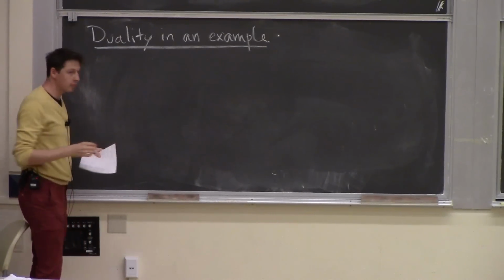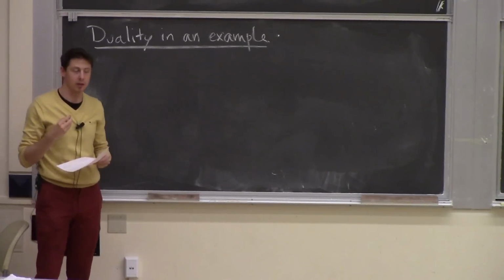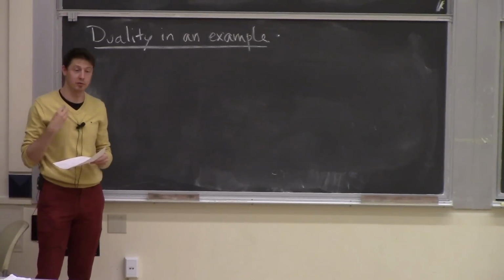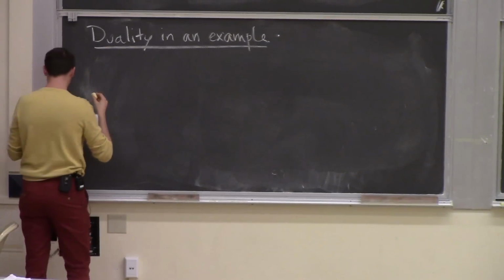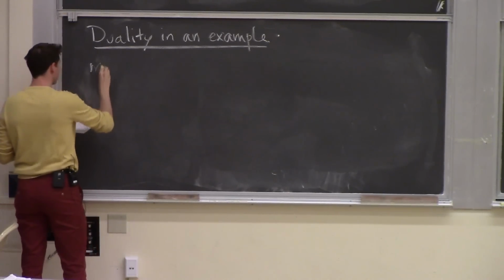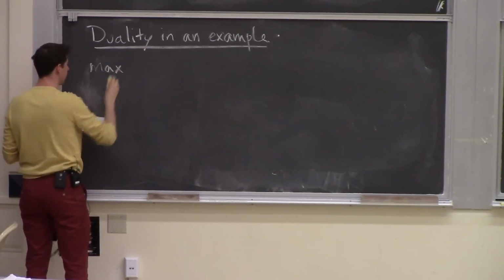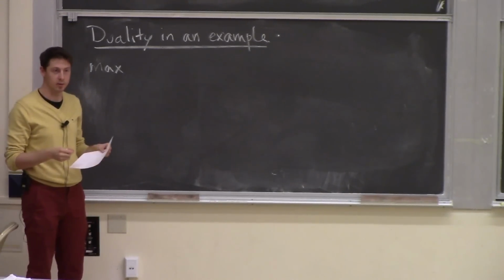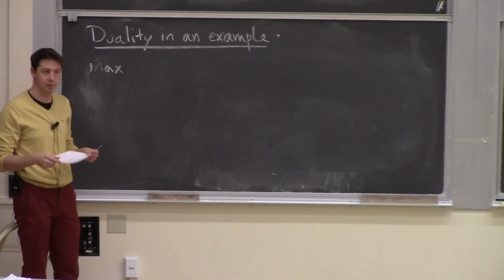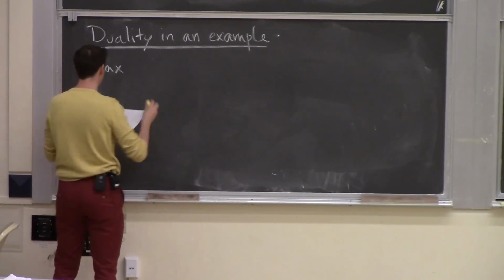I'm going to use the example that we had a full week ago when we first started talking about linear programs. If I'm not mistaken, we had this example with the cart. You had to stash inside the cart either chestnuts or corn, you had 100 units of volume, and you wanted to maximize profit.